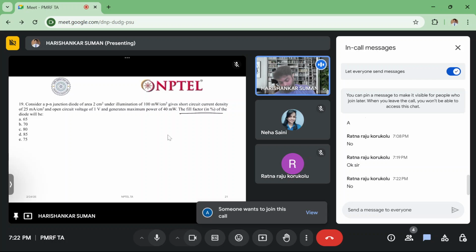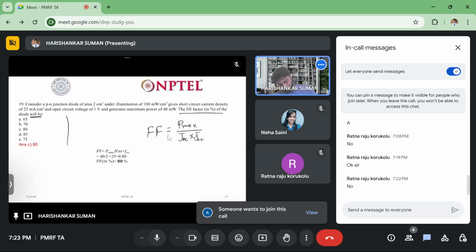fill factor. So you can write fill factor FF as P maximum power upon VOC into JSC.